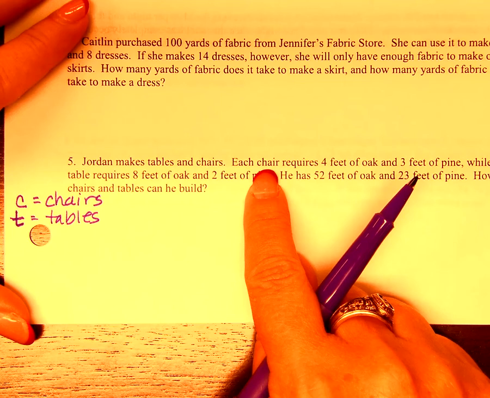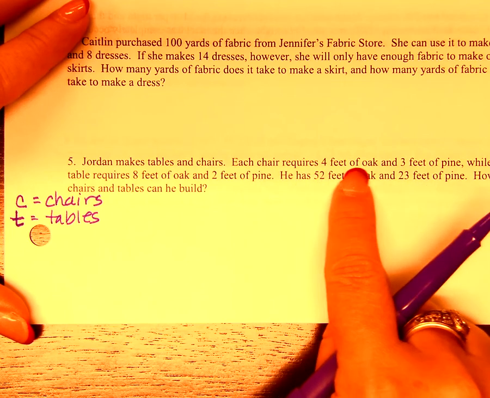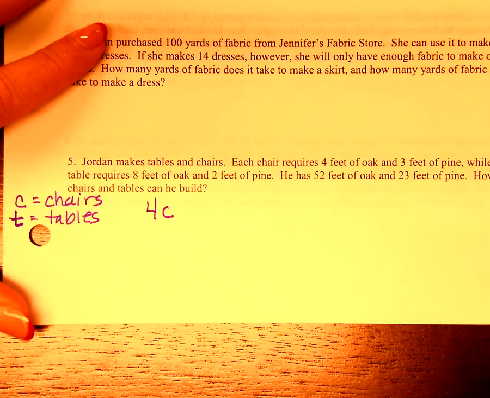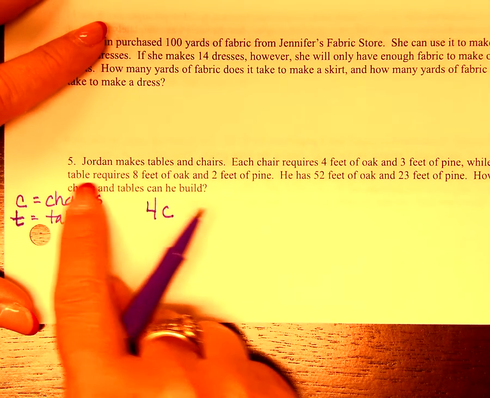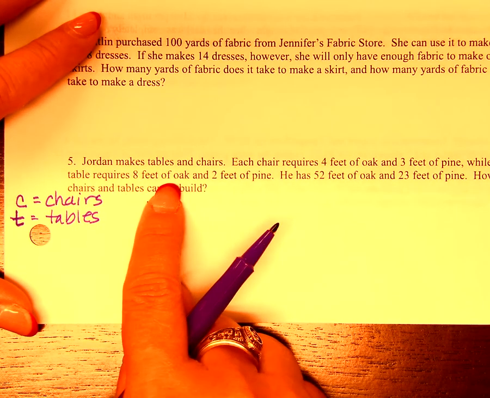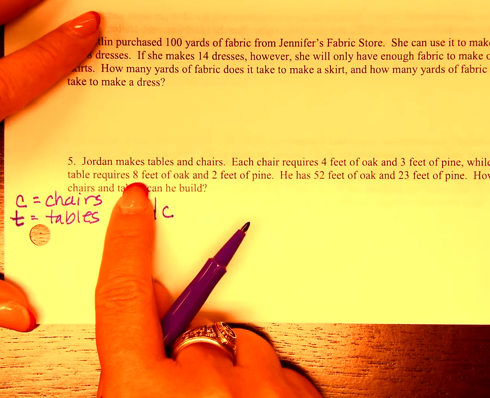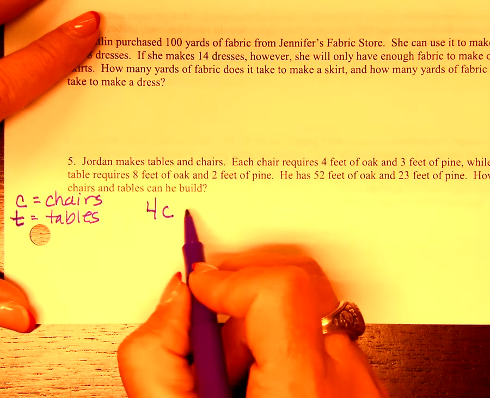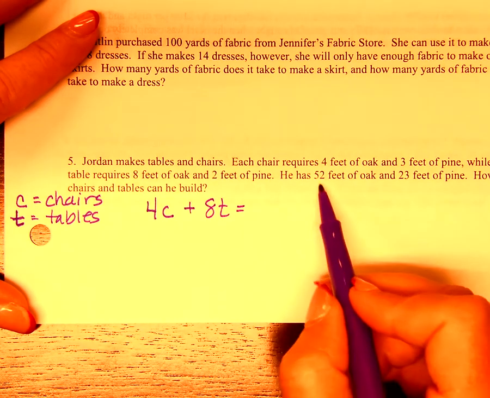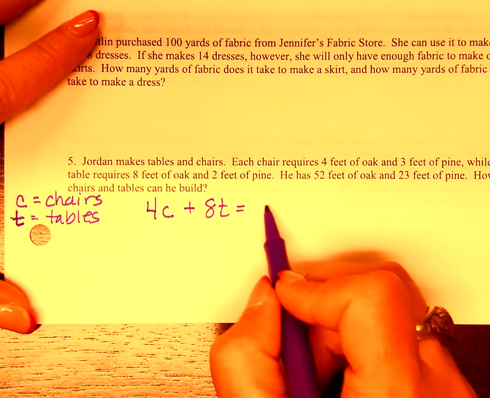What about a chair with oak? So 4C, because we're talking about oak. What about a table? It's 8. 8T equals what? 52.